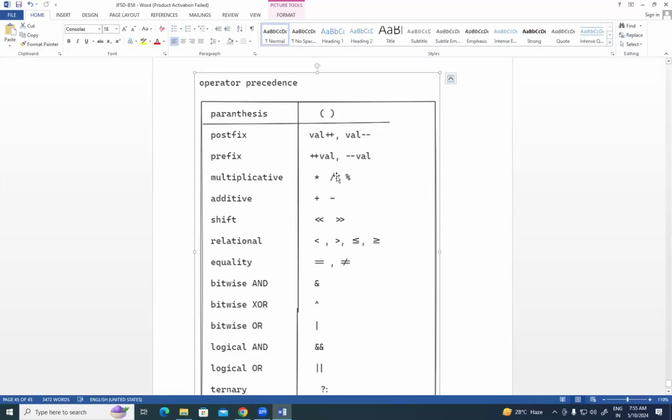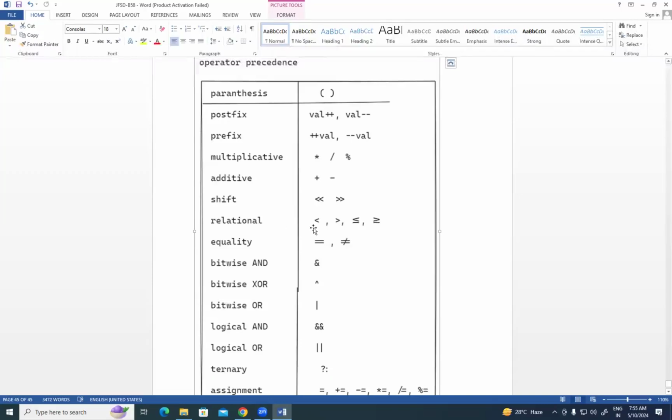The asterisk symbol, forward slash for division, then the modulus symbol. Then additive operators: plus or minus. Then shift operators: left shift, right shift. Then relational operators: less than, greater than, less than or equal to, greater than or equal to.